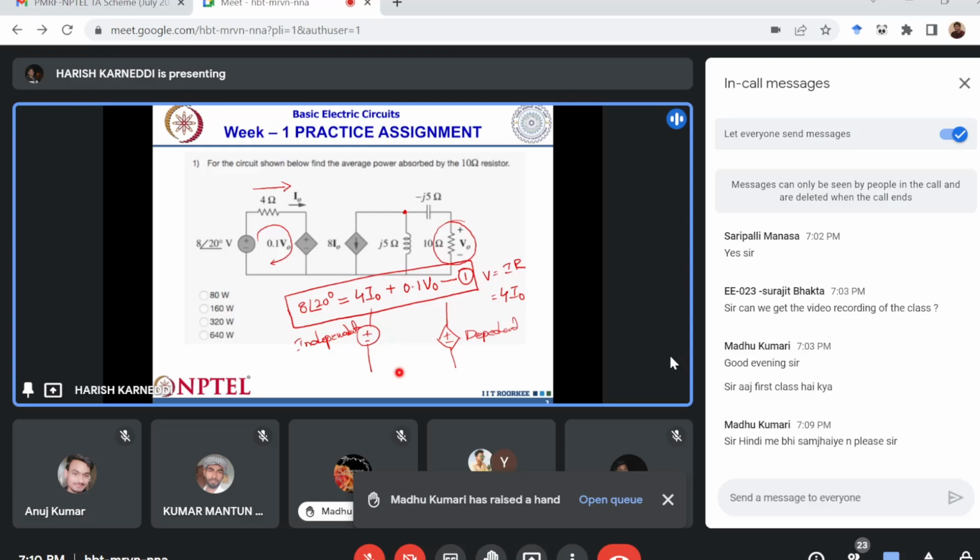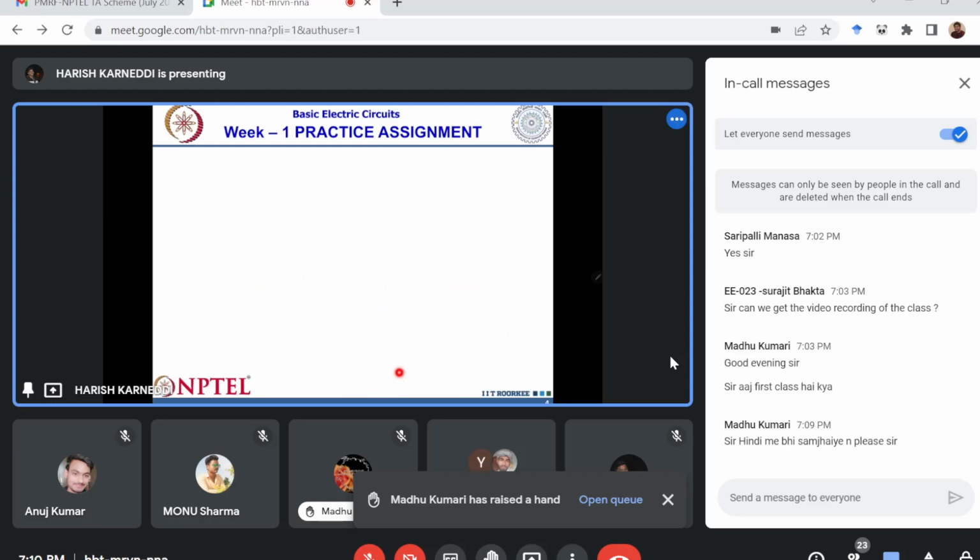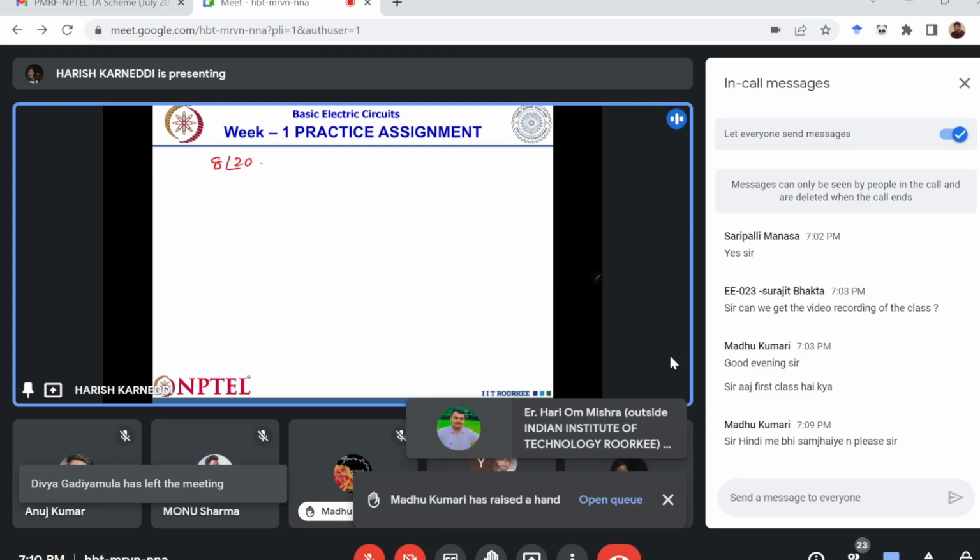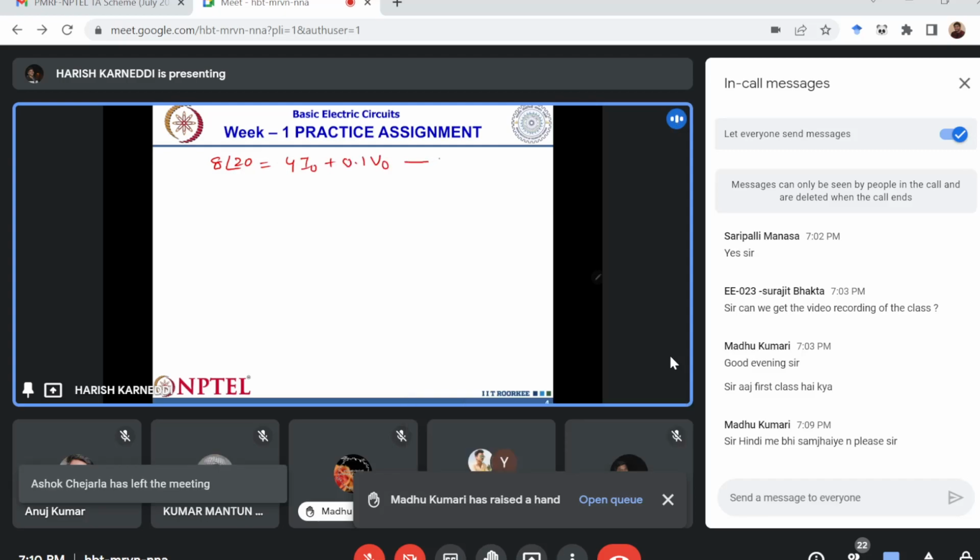I am rewriting this equation 1 in the next slide. It is 8 at an angle of 20 equal to 4 I naught plus 0.1 V naught. This is equation 1.